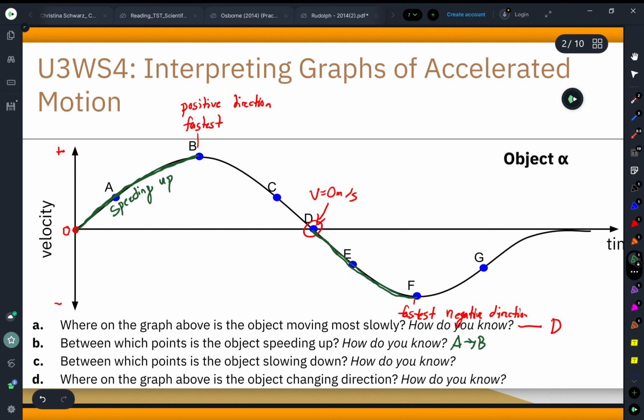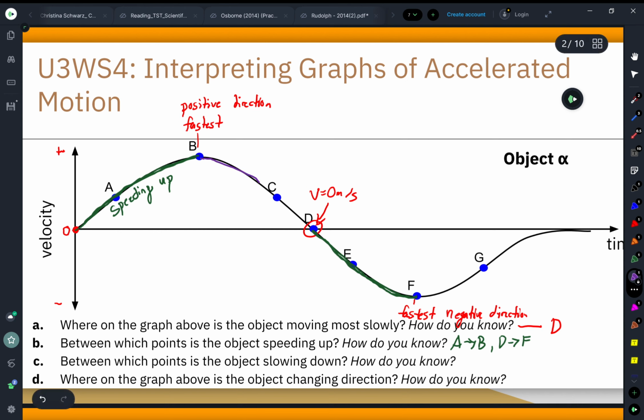Here, the number is getting more and more negative, but the number itself is getting bigger and bigger, which implies that this object is moving faster and faster. So those are the two regions where this object is speeding up. Now, where is it slowing down? It is slowing down at any point where the line is getting closer and closer to a velocity of 0.